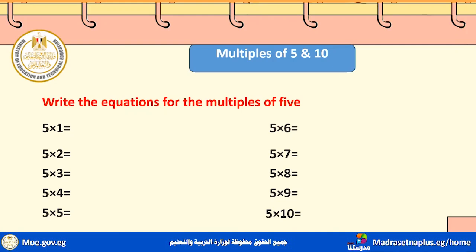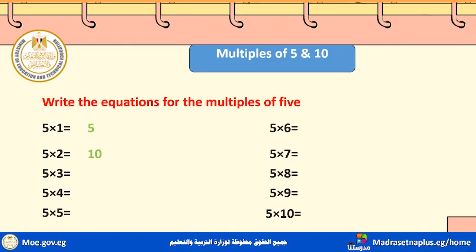Let's check your understanding. Write the equations for the multiples of 5, like the tables that we got for table 2, table 3, and so on. So let's times 5 by 1. It will be 5.